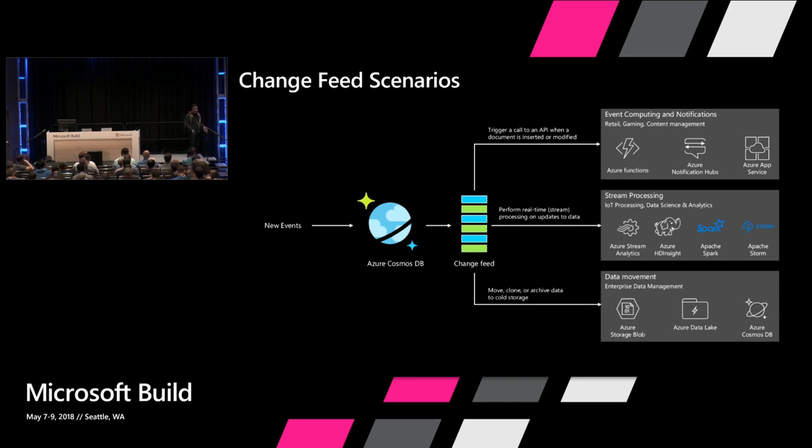So you can connect Spark, and as the data is coming in as a stream, you can do the processing on that. I don't know if there's a session on that, but there are YouTube videos on Cosmos DB and Spark. You can see how we can enable that scenario. And then you can move some data to cold storage, to storage blob or other Cosmos DB collections.